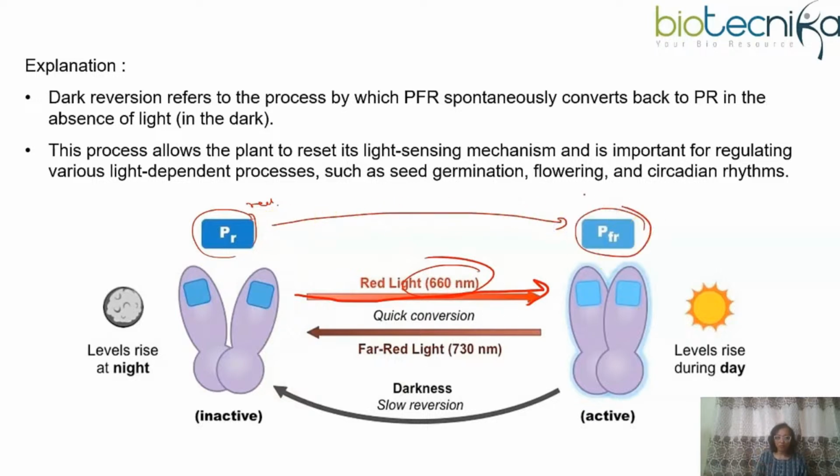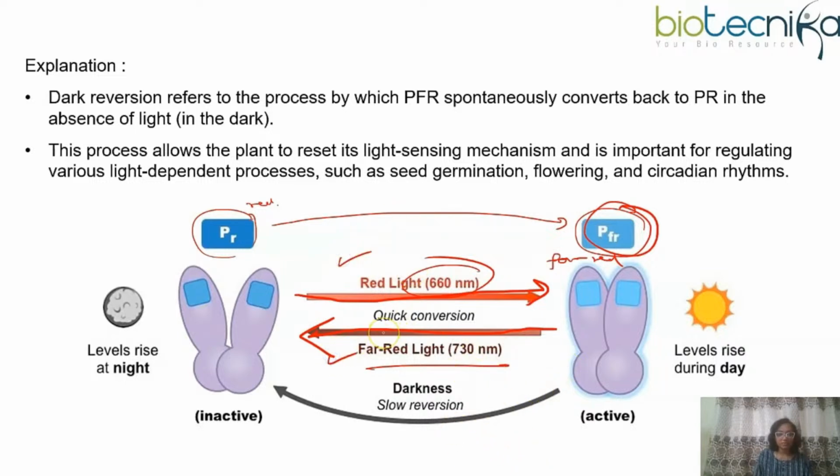It's becoming a form which can absorb far red light. PFR absorbs far red. You can see it's absorbing far red light over here at 730 nanometers, and it is reverting back to PR. Now, apart from this, there is another concept called dark reversion or slow reversion, which happens during darkness.